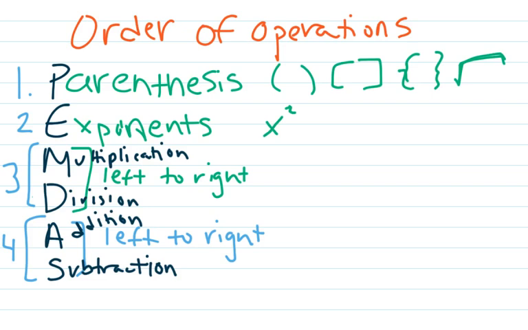Alrighty, so that's your order of operations, and again, this is used when checking an answer, for what you're working through, and when you're just working through any calculator operation.